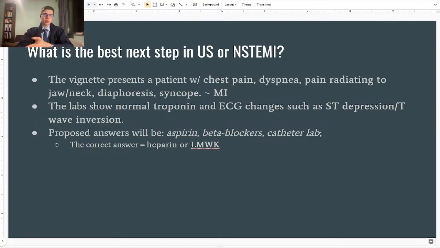The troponin will be normal, and if you have an EKG, you won't see ST elevation, but rather an ST depression and T-wave inversion sometimes. A tricky finding would be an ST depression that would be just a mirror for V1 and V2 in the case of RCA occlusion.